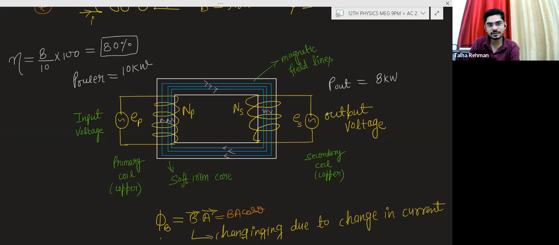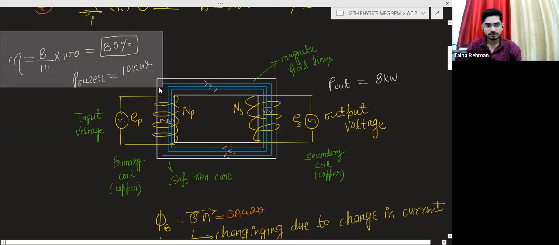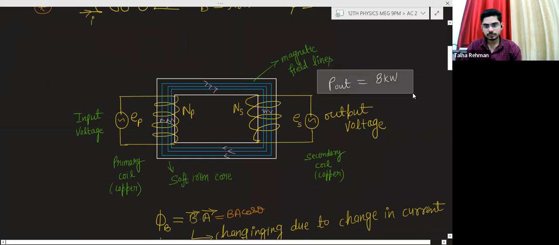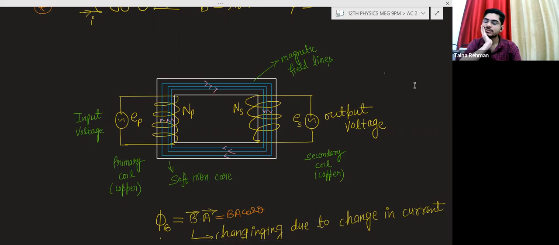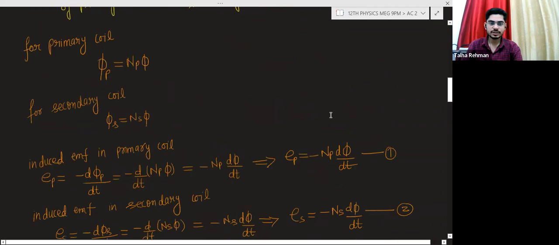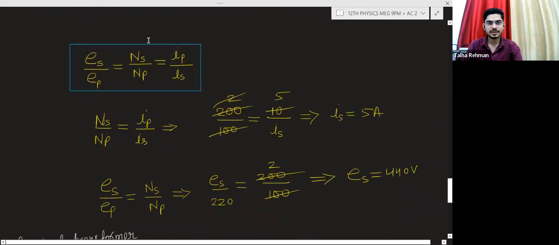This transformer will be 80% efficient. Okay. This is the meaning of the efficiency. Fawaz, got it? Okay, sir. Thank you. So write down this. We will discuss after this the losses in the transformer.